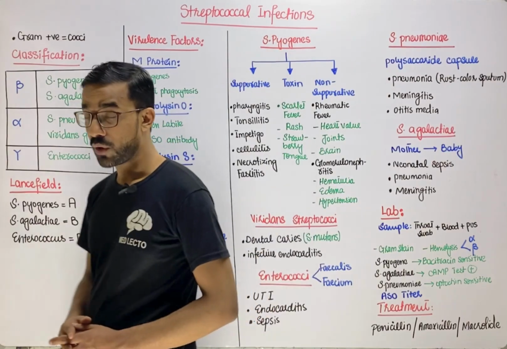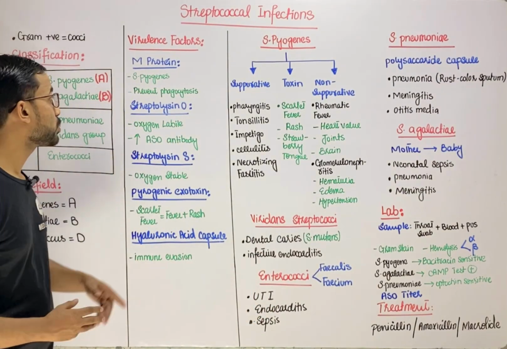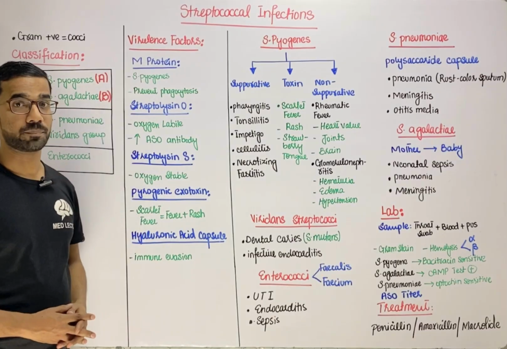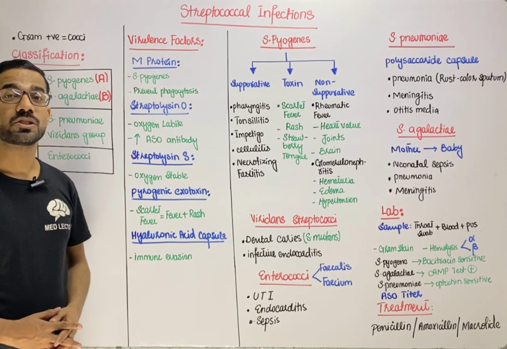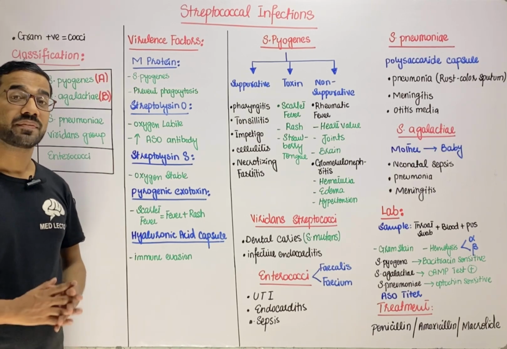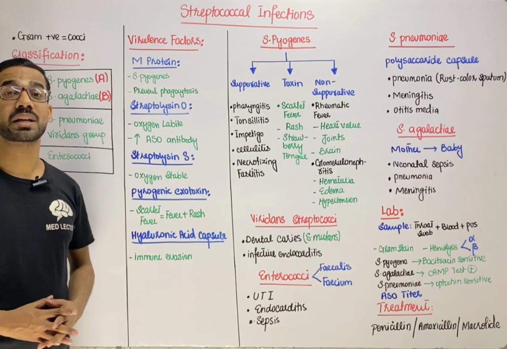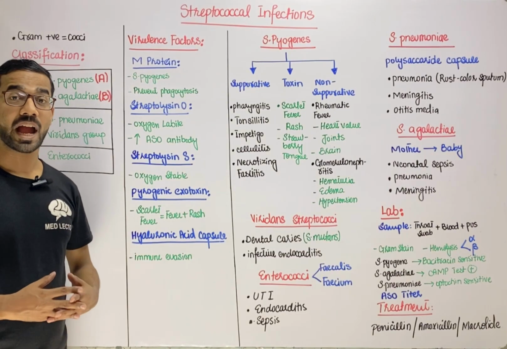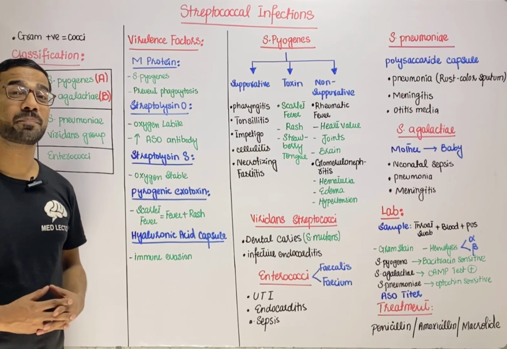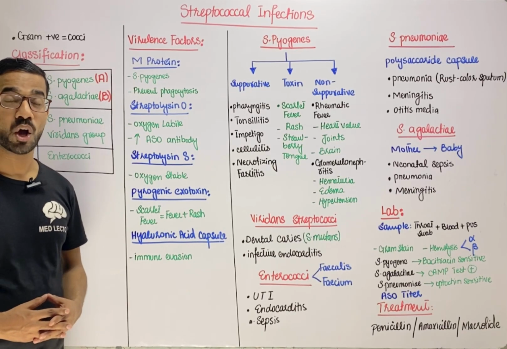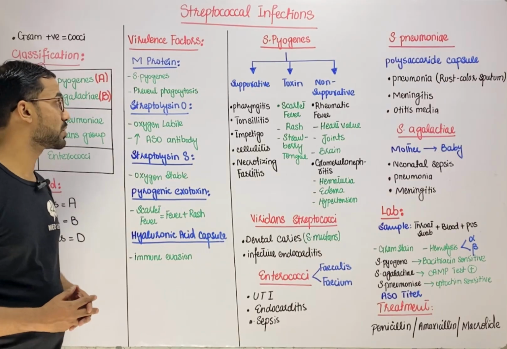Next, we will see virulence factors present in these bacteria. The first one is the M protein. M protein is specifically present in Streptococcus pyogenes. This protein prevents this bacteria from phagocytosis by our immune system.